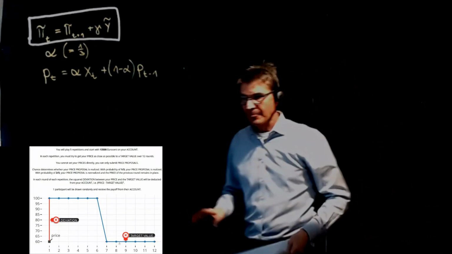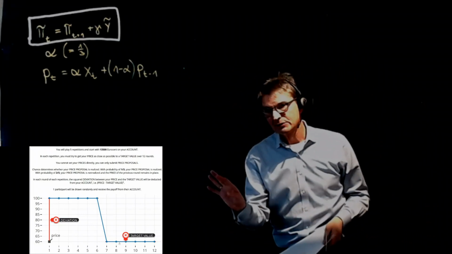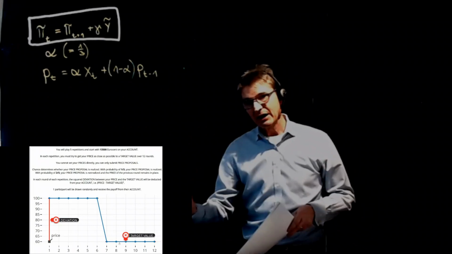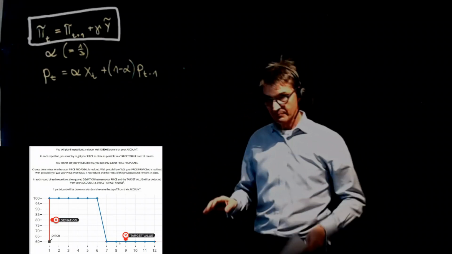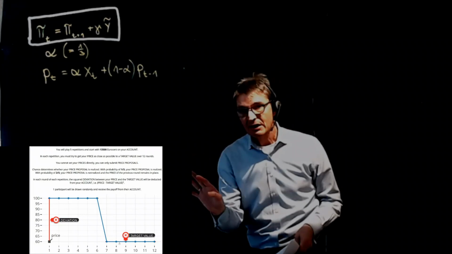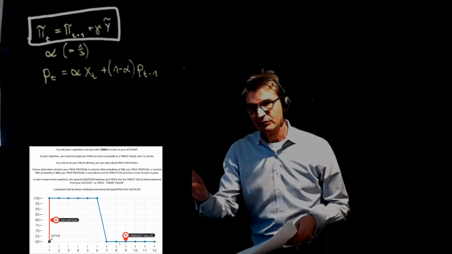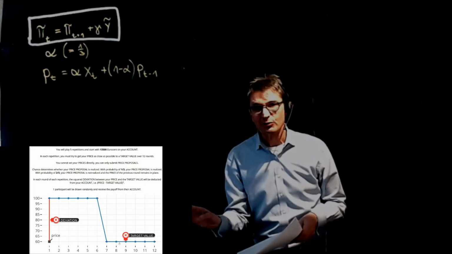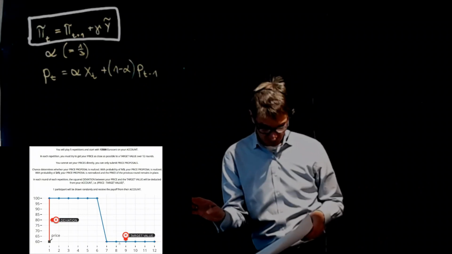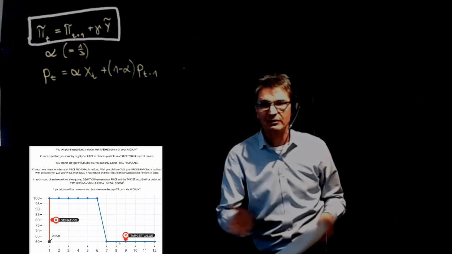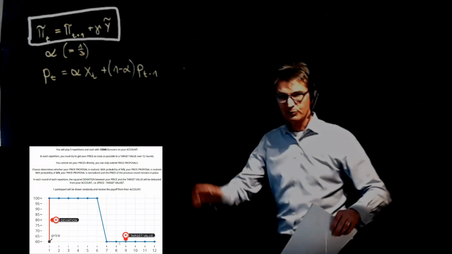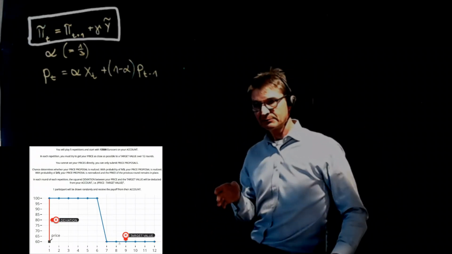Well, you can guess already by looking at the classEx game, because your challenge is that in round 7 you will for sure implement a price proposal of 60, because anything else doesn't make any sense. You want your price to go down.